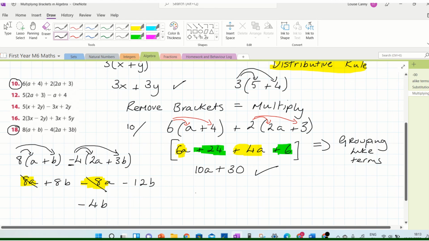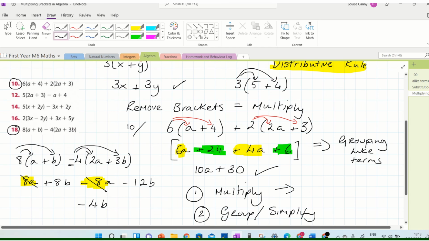Okay, so remember, step 1 in these is multiply. And step 2 is group or simplify. Be really, really careful when you're multiplying. The two negatives will give you a positive, and your negative and your positive will give you a negative, and your two positives will give you a positive.